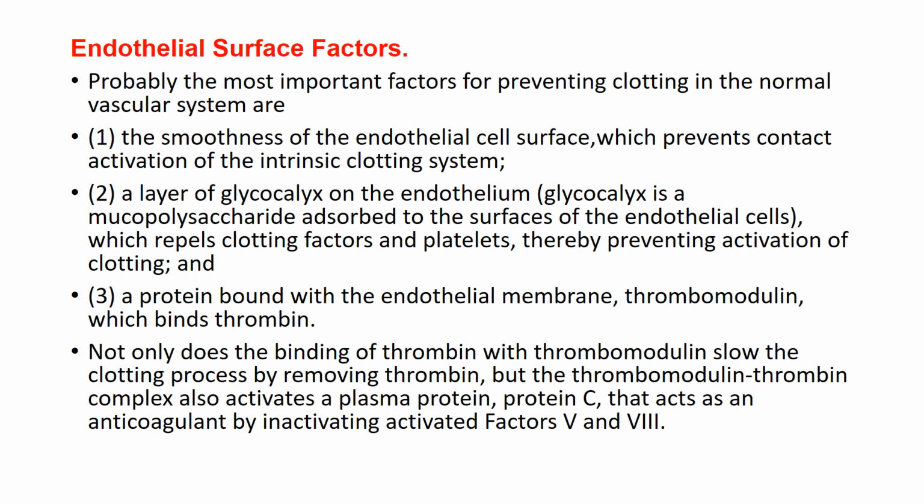And 3. A protein bound with the endothelial membrane, thrombomodulin, which binds thrombin. Not only does the binding of thrombin with thrombomodulin slow the clotting process by removing thrombin, but the thrombomodulin-thrombin complex also activates a plasma protein, protein C, that acts as an anticoagulant by inactivating activated factors 5 and 8.